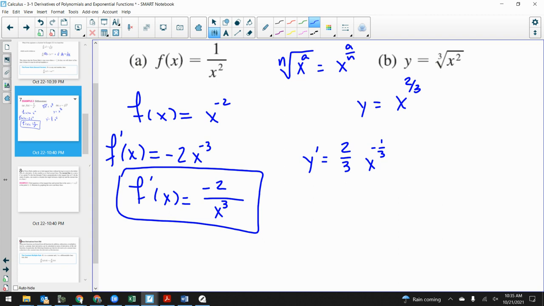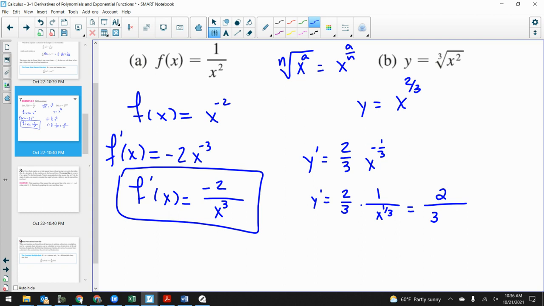Now we just have to take that and reduce it. So y prime is going to be equal to 2/3 times x to the negative 1/3, and the negative exponent is going to bring it to the denominator, which is really just saying 2 divided by 3 times x to the 1/3 power. What is x to the 1/3?